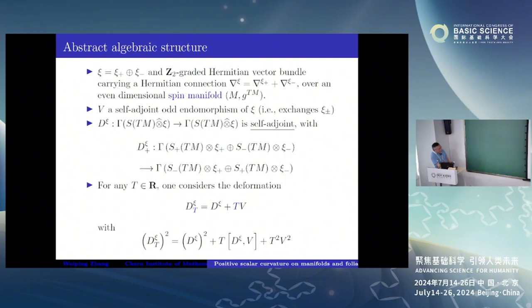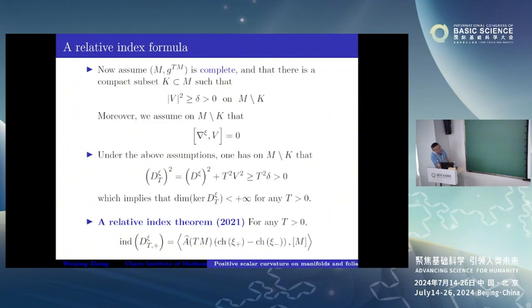Under this condition, the middle term is equal to 0. So when the middle term equals 0, Dt squared has a uniform positive lower bound near infinity.